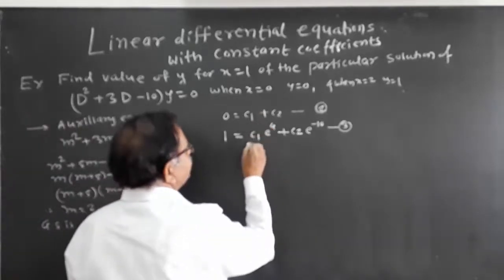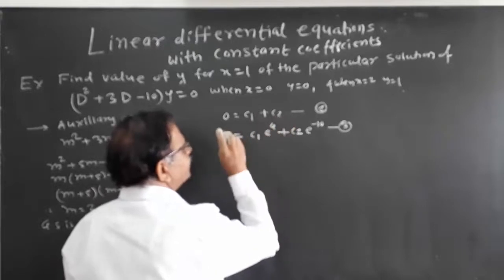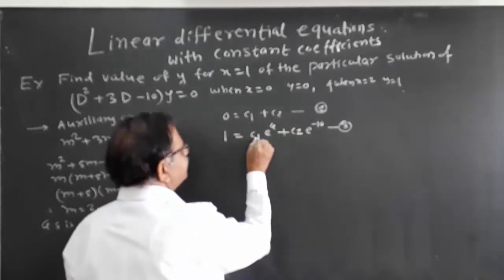From 2 we get c1 equal to minus c2. I shall put c1 equal to minus c2 here.